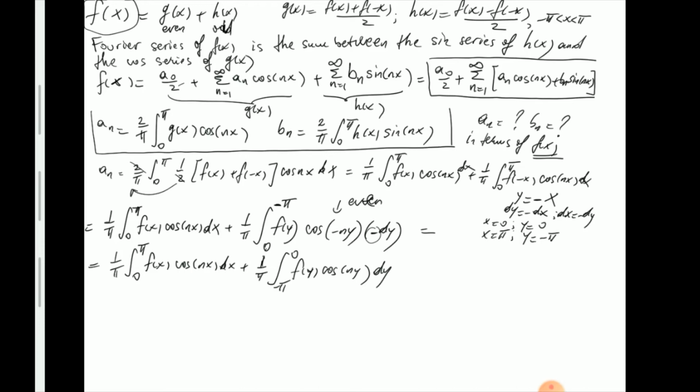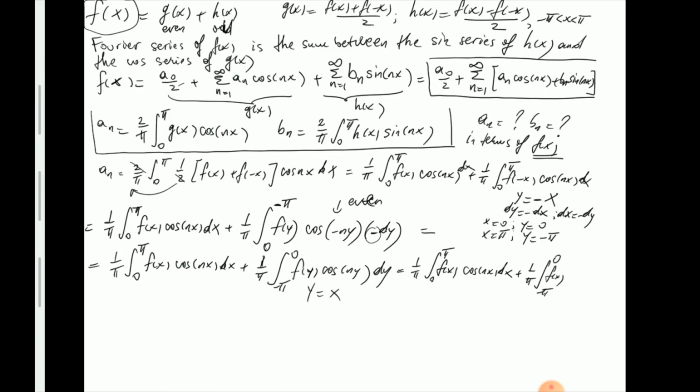But remember, you can name the variable of integration however you prefer. You can go back to name it x again. This is essentially a substitution that doesn't change anything, because you just change the variable. Sometimes people call it the dummy variable because it can be named however you want inside the integral.